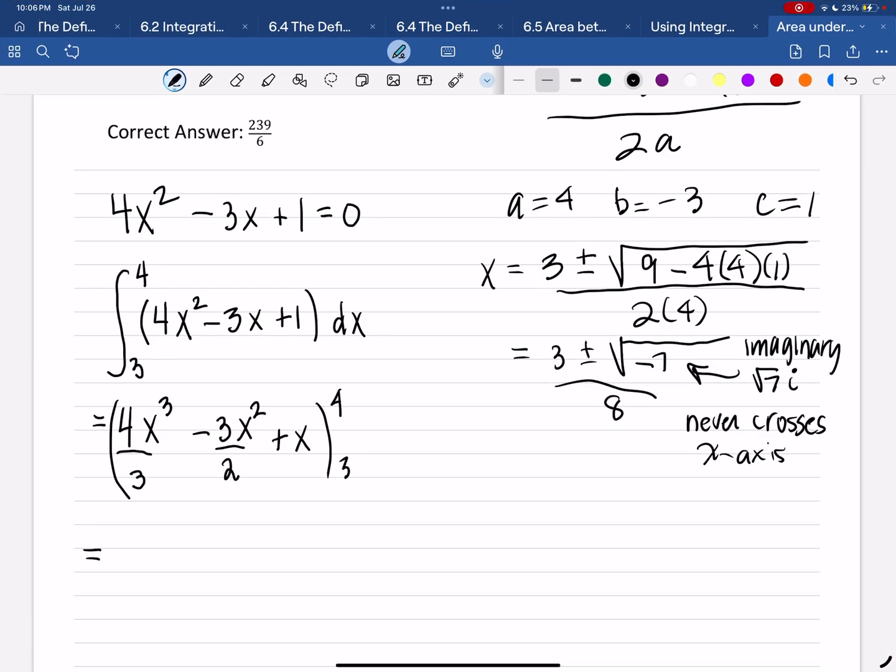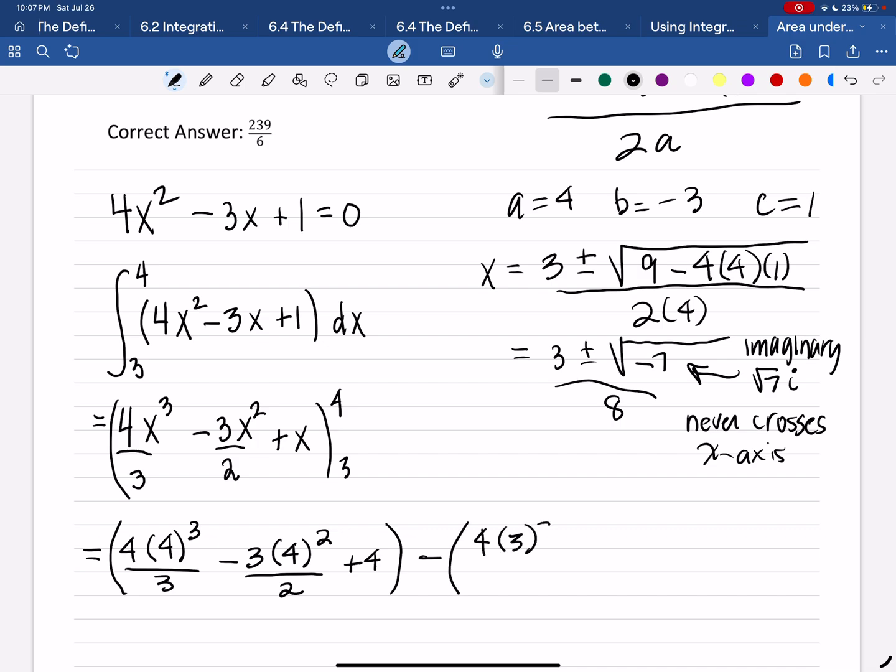So I've got 4 times 4 cubed over 3 minus 3 times 4 squared over 2 plus 4. All of that is minus 4 times 3 cubed over 3 minus 3 times 3 squared over 2 plus 3.